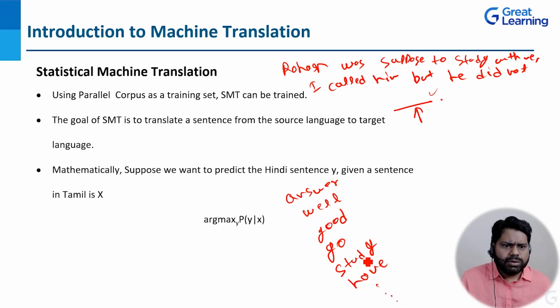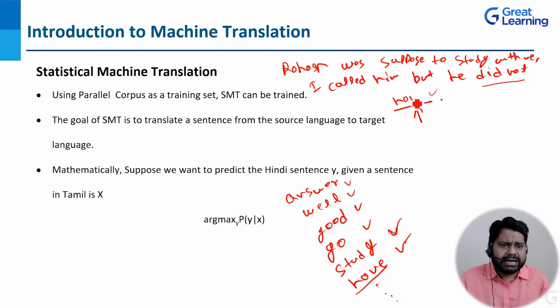So with "did not", what is the word whose frequency is highest? Since we know the English language, we can understand that "have" has the highest frequency. So if we write "did not have", with the probability we are able to fill in the next word, but is it making sense? No, this is not making sense.